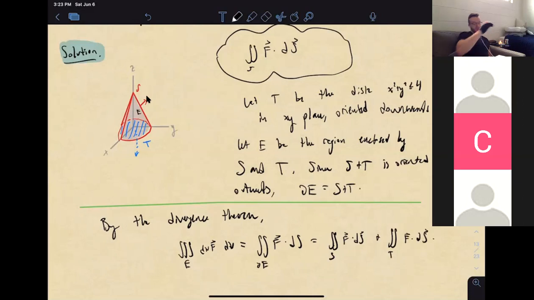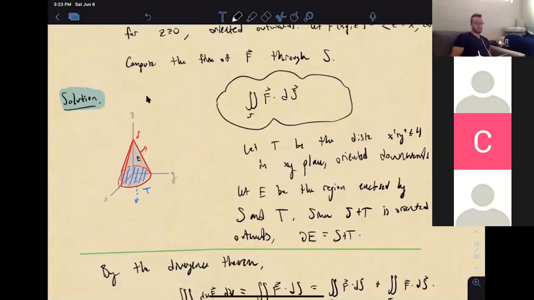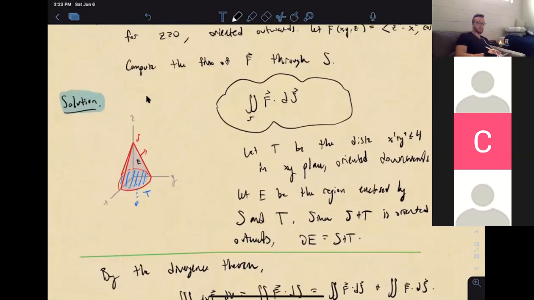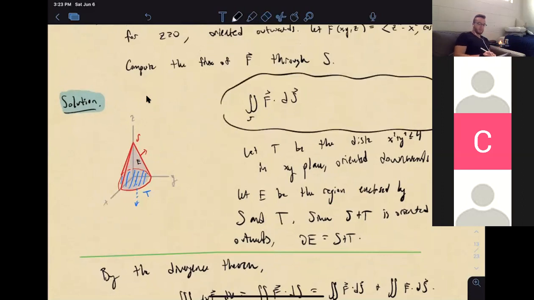I got a private question asking if I could explain again why using Stokes' theorem directly maybe wouldn't be so great. So let me write down Stokes' theorem again, using G here.